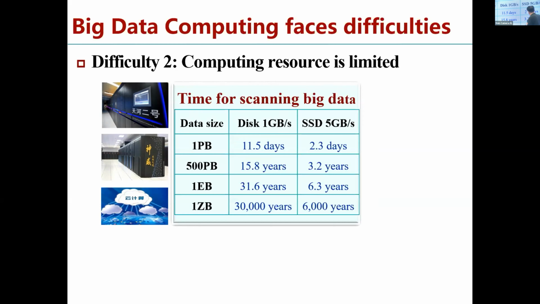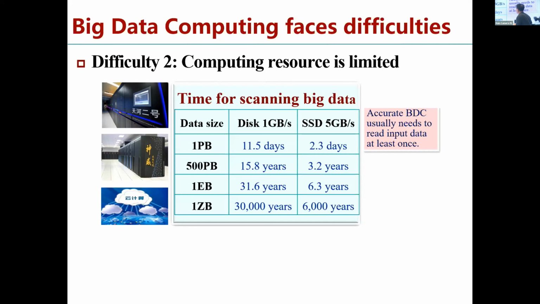By this SSD, we need 3.2 years. For one EB of data, this disk needs 31.6 years, and this SSD needs 6.3 years. For this one, 6,000 years.